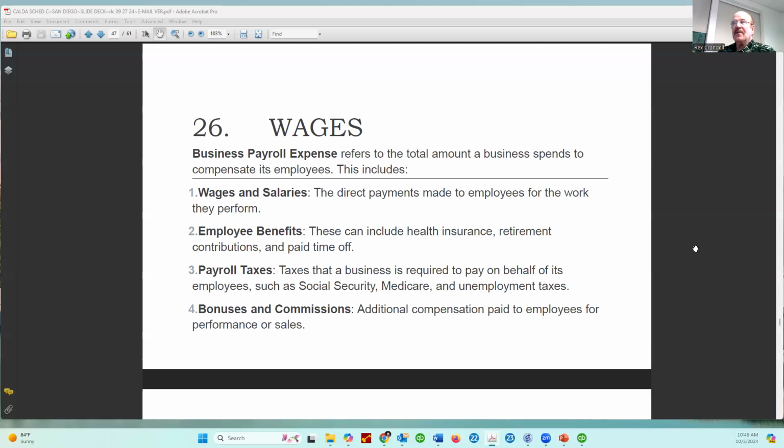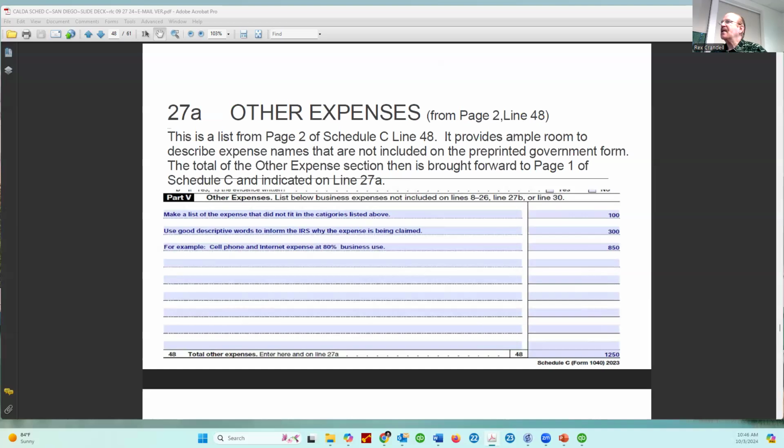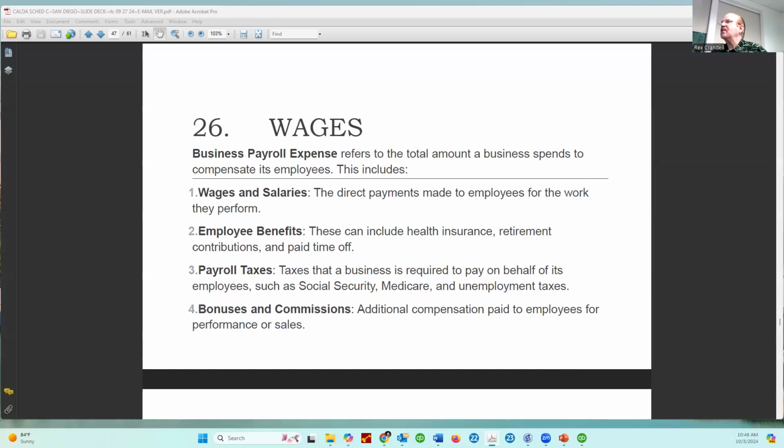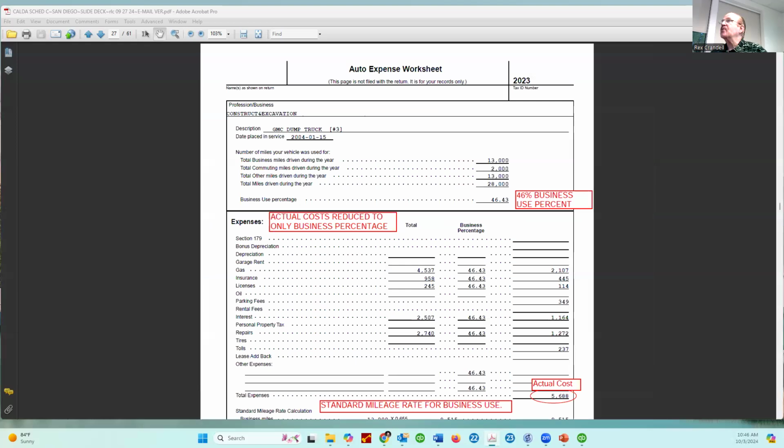Payroll taxes that a business is required to pay on behalf of its employees, such as Social Security, Medicare, unemployment, and then it includes bonuses and commissions, additional compensation. So we were on wages, going down the expense group here.